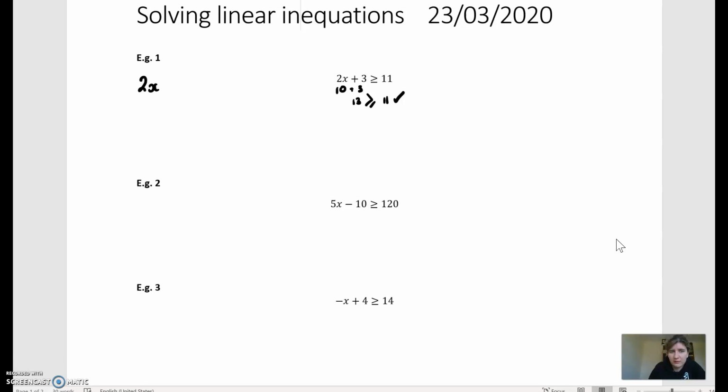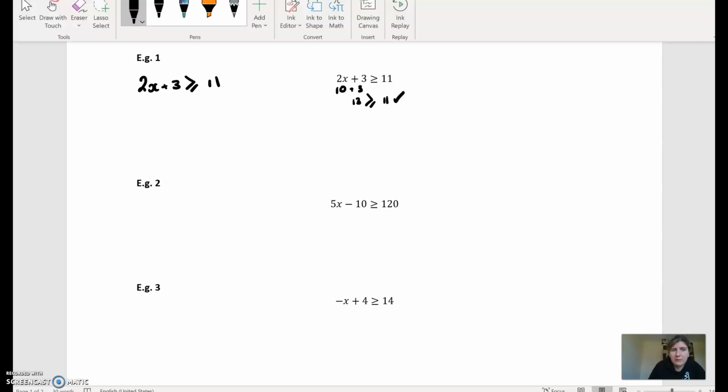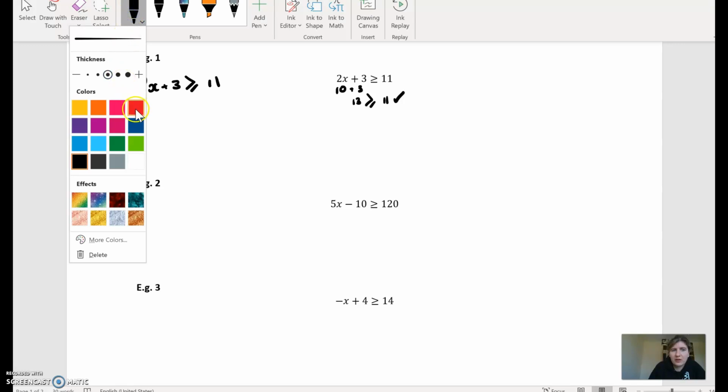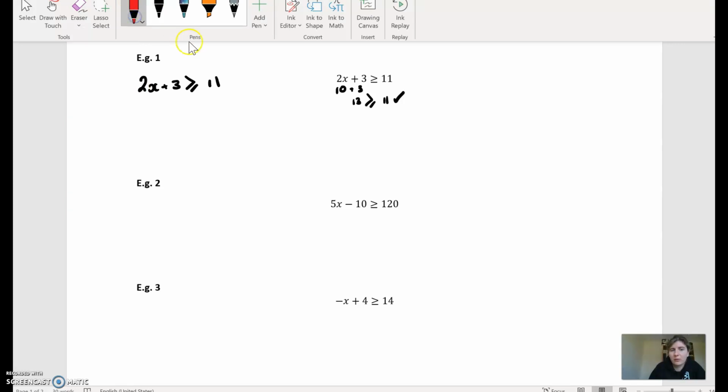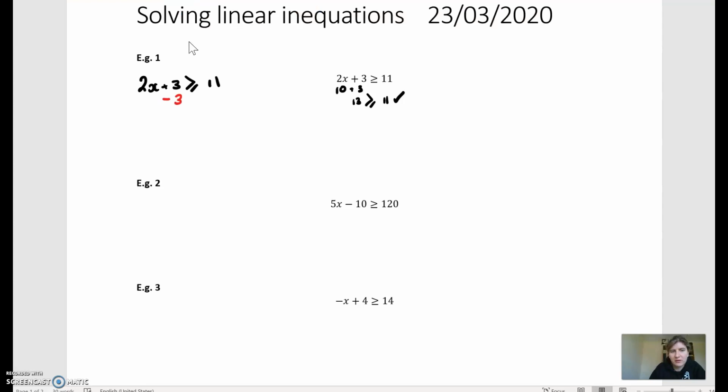Okay, so now when we're solving, again, pretty much the same as solving a regular equation. So you've got 2x plus 3 is greater than or equal to 11. So the first thing you should think about is what is the first thing you need to get rid of in your equation, and you should remember that that's going to be 3, because you're adding that on to the 2x after you've multiplied it by 2. So you're minusing 3 from both sides.